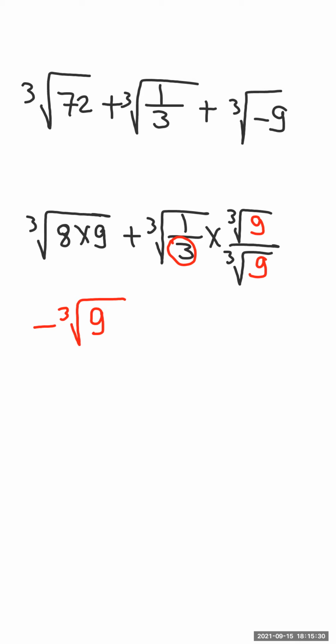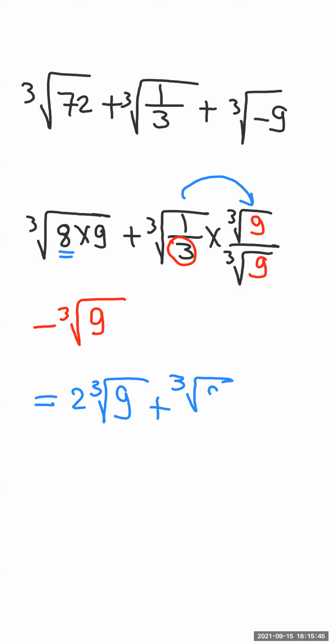Correct. So now guys, let's simplify it. The cubic root of 8 equals 2, so 2 cubic root of 9. And then plus cubic root of 1 times the cubic root of 9, which will be cubic root of 9 over 3. Very good. Then minus cubic root of 9, the last term.